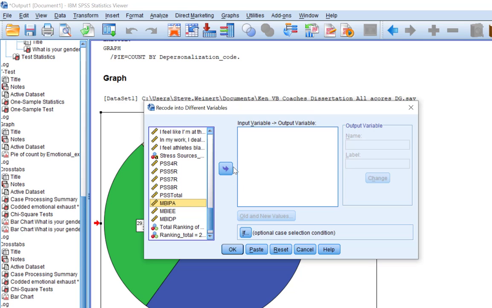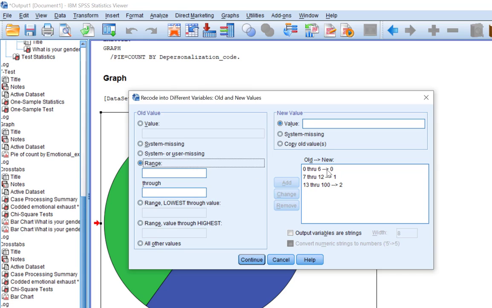PA, personal accomplishment or achievement. This is going to work in reverse order. So low is 39 or more. So 39 or more. Low. All right. So 39 to 100, right? No, 39 or more. Oh, 39 or more. Okay. 100.